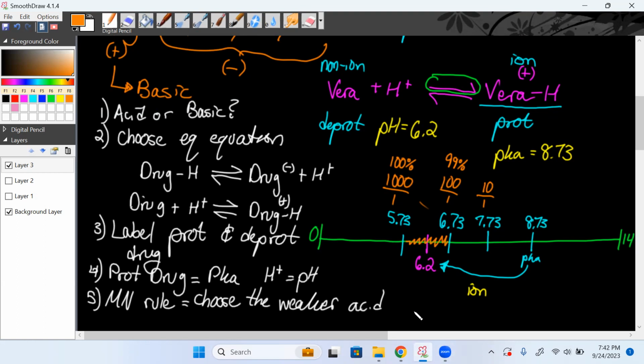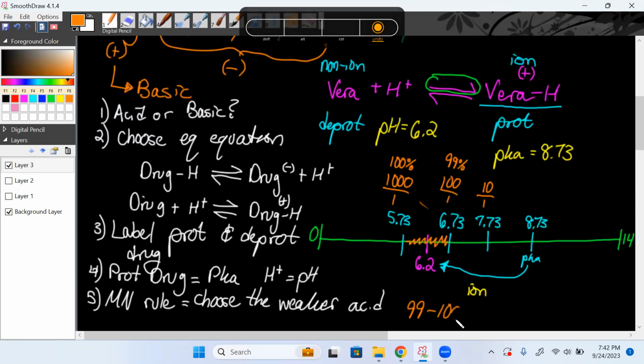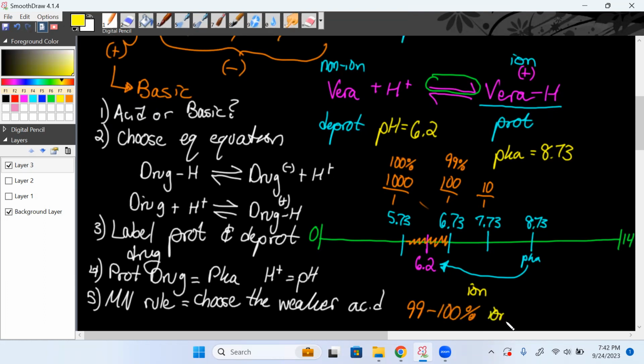So what this is telling me is that at a pH of 6.2, 99 to 100% of the drug will be ionized. And so this is how we can approach these pKa problems and get the correct answer every time.